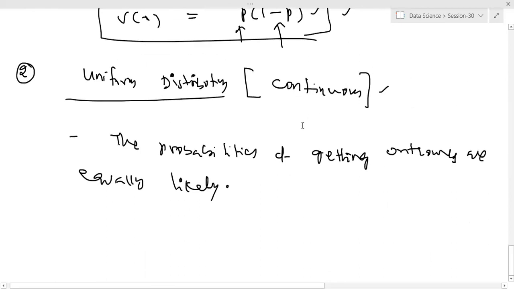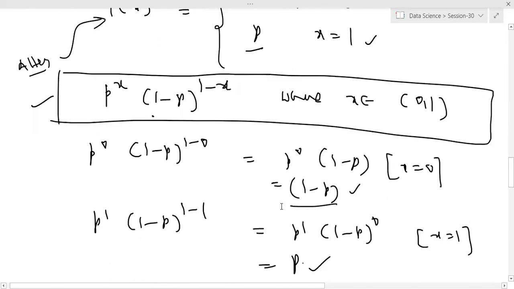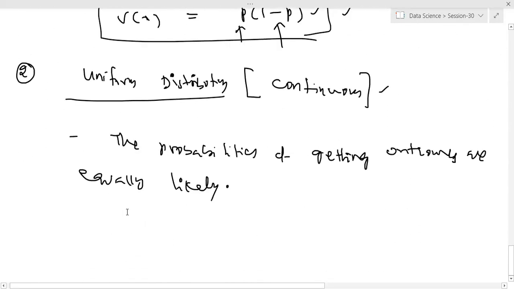As I mentioned first, the outcomes are equally likely, and one more important thing is there can be n number of possible outcomes. I will explain with an example.